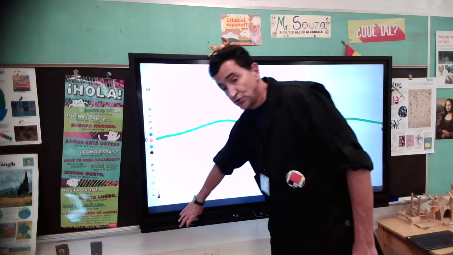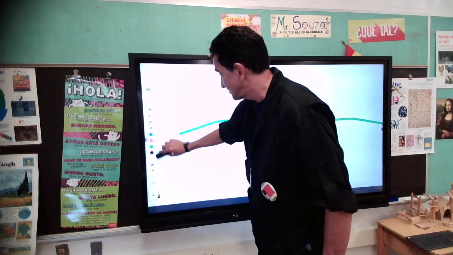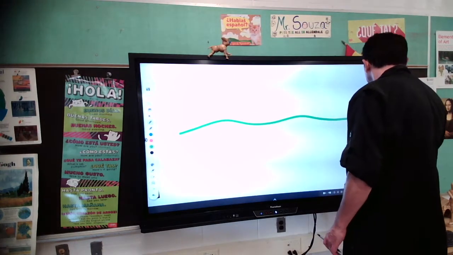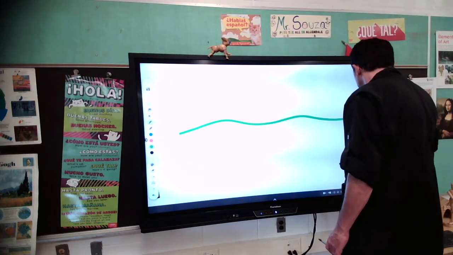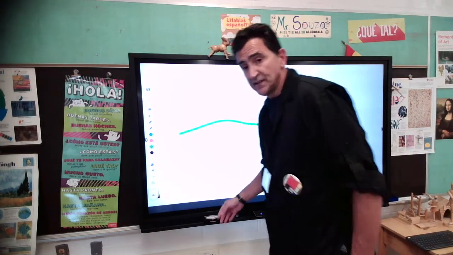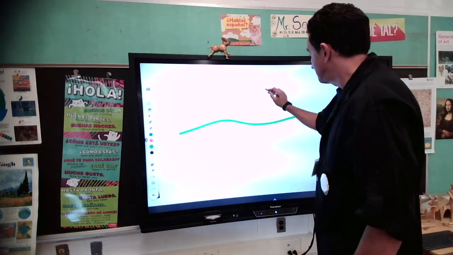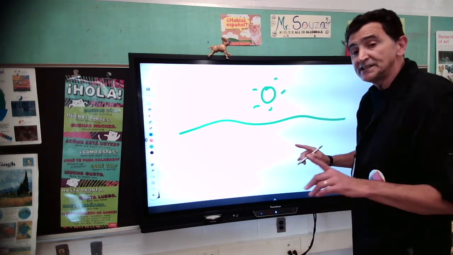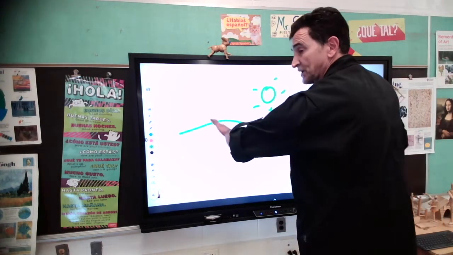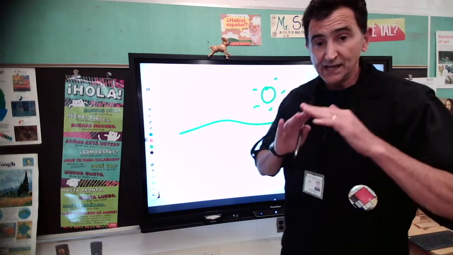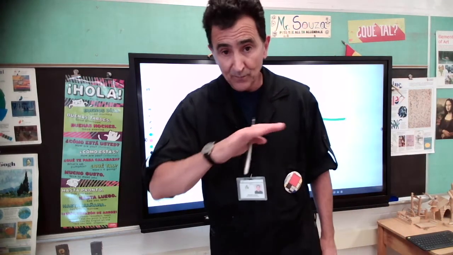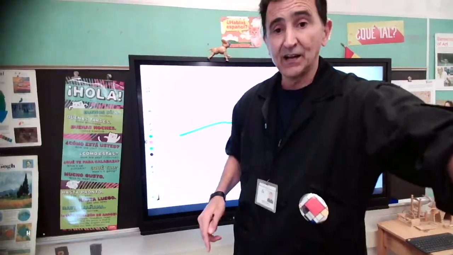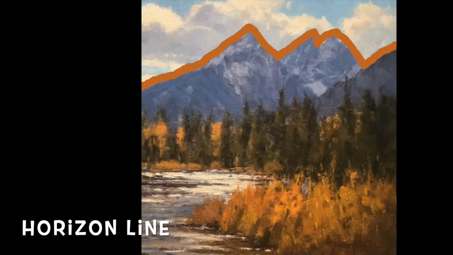Now, don't do a horizon line like this, because if you leave a gap here and put things in, it doesn't look right because the line is broken. So remember, when you look at a landscape, you will always see a horizon line all over the place. All right, got it?